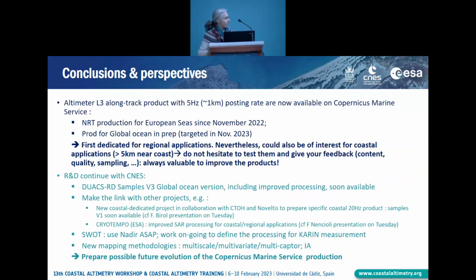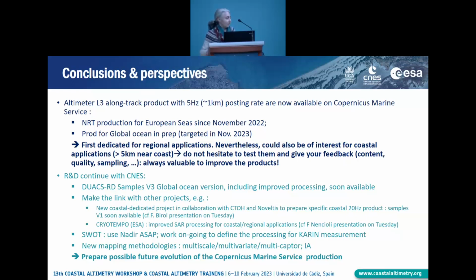So to conclude, you know now that there is an along-track sea level product available with a 5 Hz processing rate. Operational production is available on the Copernicus Marine Service since November last year, and that covers the European seas. And we are preparing the production for the global ocean, to be available in November this year.